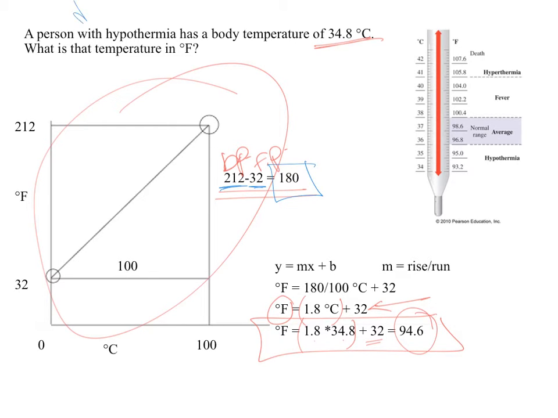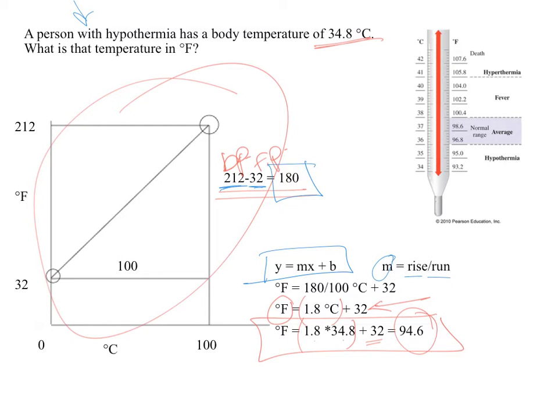Okay, question up here is, a person with hypothermia has a body temperature of 34.8 degrees Celsius. What is that in Fahrenheit? So we're going to use what we had on the last slide, to figure out an equation for converting Celsius to Fahrenheit, and then we're going to do it. Well, if you graph it and get the equation of the line, y equals mx plus b, remember, that's your equation of the line, where m is your slope, and slope is rise over run.